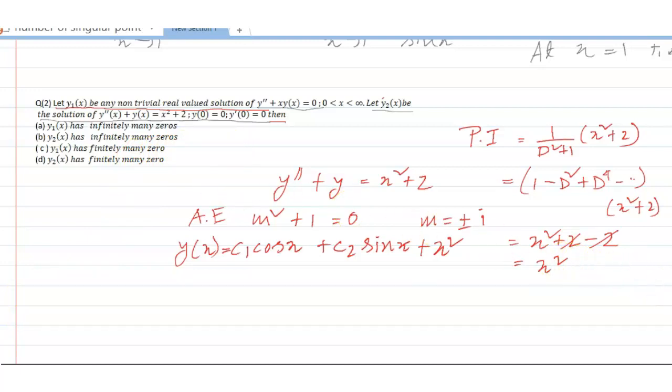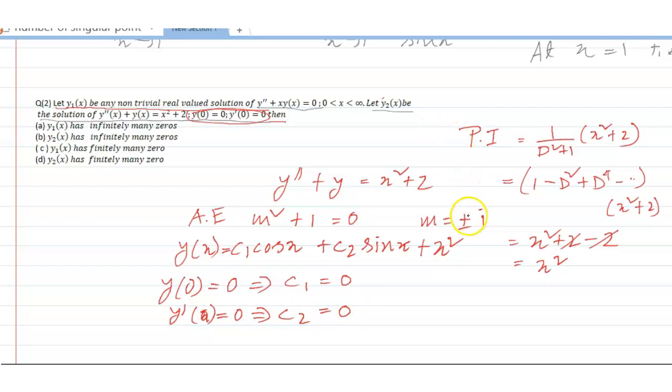After that, friends, y(0) is equal to 0 and y dash 0 equals to 0. These are the boundary conditions. These boundary conditions hold. So y(0) equal to 0 gives c1 equals to 0, and y dash 0 equals to 0 implies c2 is equal to 0, friends.